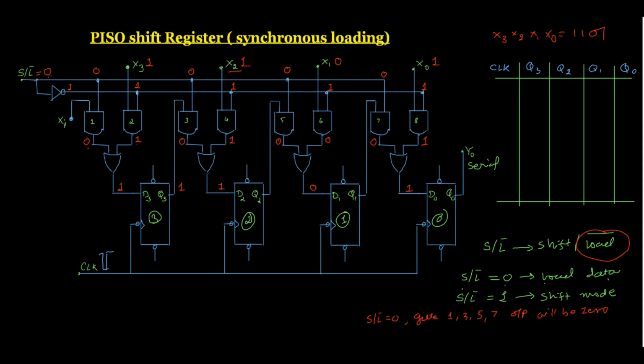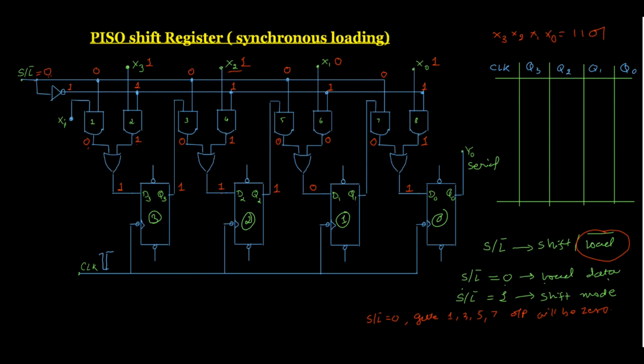Remember. Then the input data to flip-flop number 2 is 1. So after the negative edge of the clock pulse, it will appear at Q2 and become a 1. Then the input to flip-flop number 1 is 0.